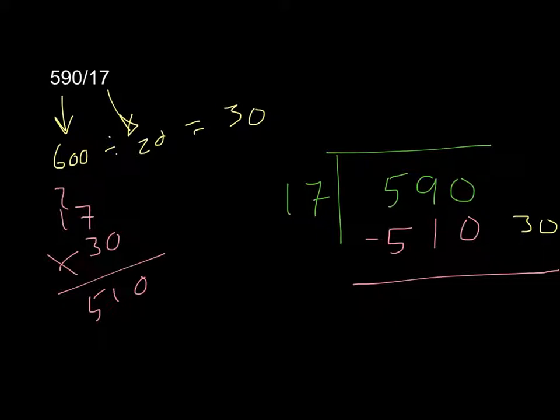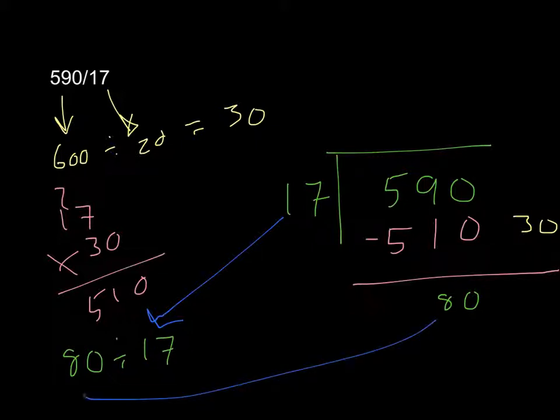Okay, 590 minus 510 is 80, and I'm going to estimate again from here. And I'm going to have 80 now divided by 17. What I'm doing is I'm just sliding over the numbers that I do have. And I'm going to say that's about 4.